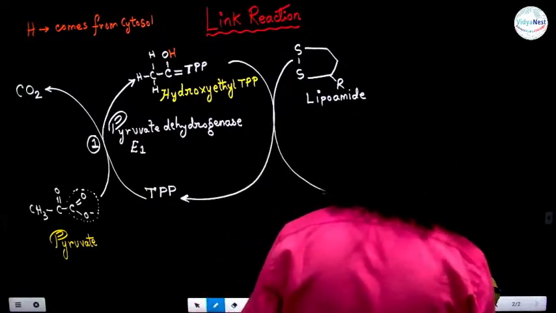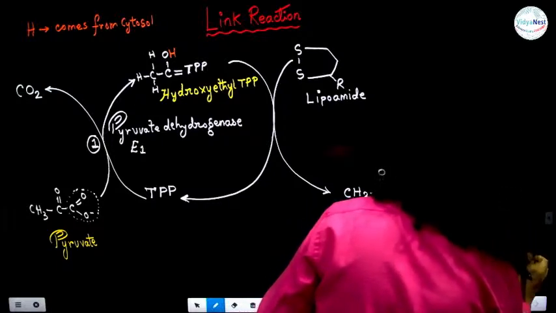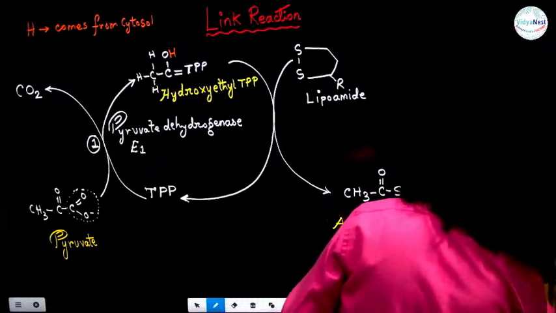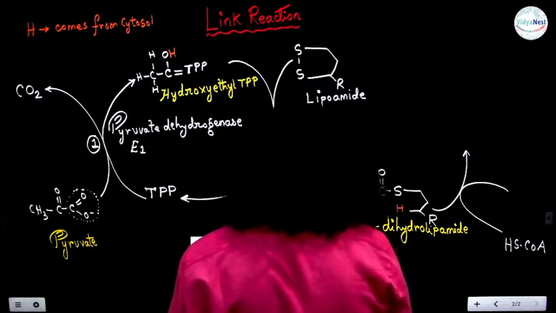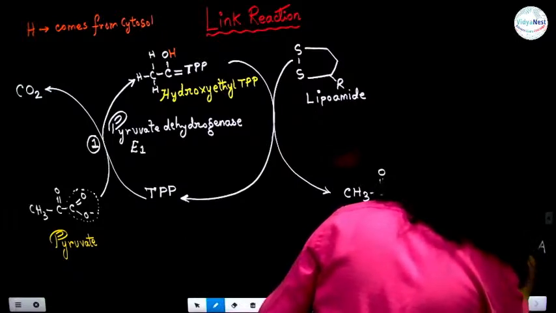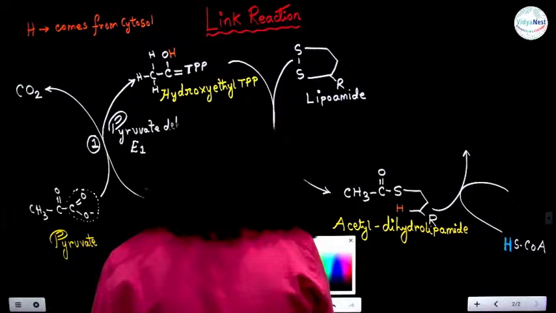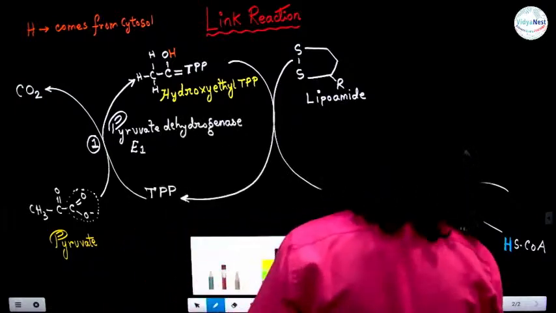There will be an acetyl CoA which is coming from here. This is HS CoA. I'm writing this H with some other color so that you can easily demarcate. This H of coenzyme A. So I can write it in this way.